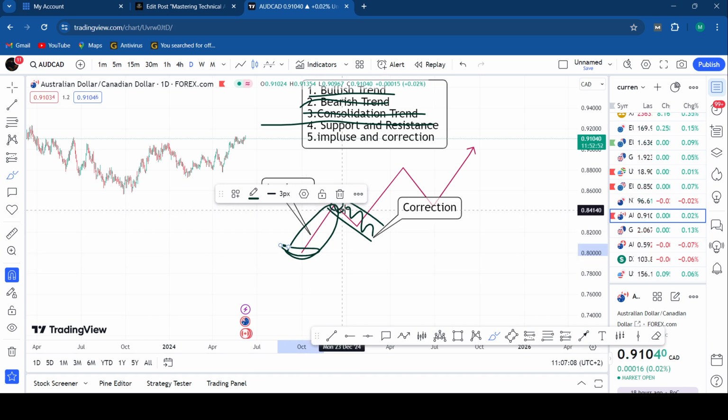Then suddenly the market starts retracing. This retracement makes traders believe that the market is changing direction, whereby it is not changing direction. The market is only recouping energy so that it can continue making more impulses to the upside.